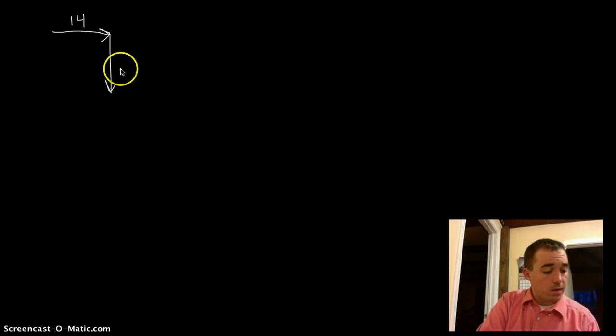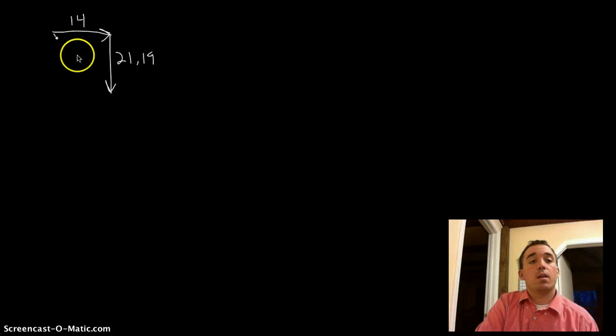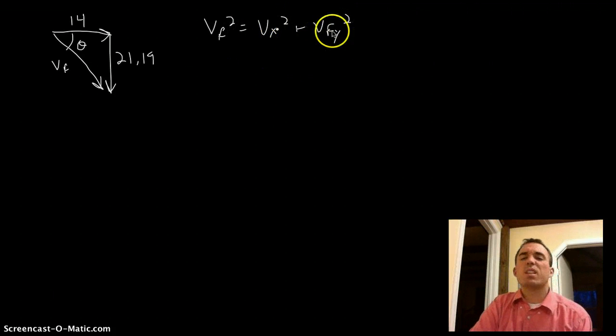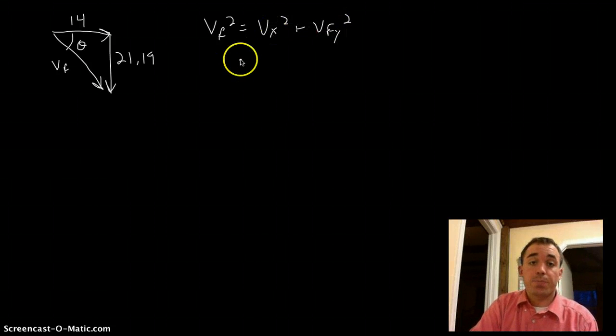My Vfy was 21.19. So I've got to find overall VF, with Vx 14 and Vfy 21.19. My combination of the two is really what VF is. And for that I have to use the Pythagorean theorem, which says that VF squared equals Vx squared plus Vfy squared. This equation you will see on your quiz, by the way.